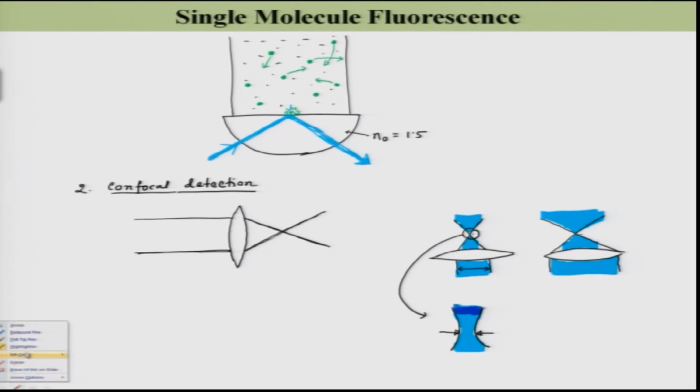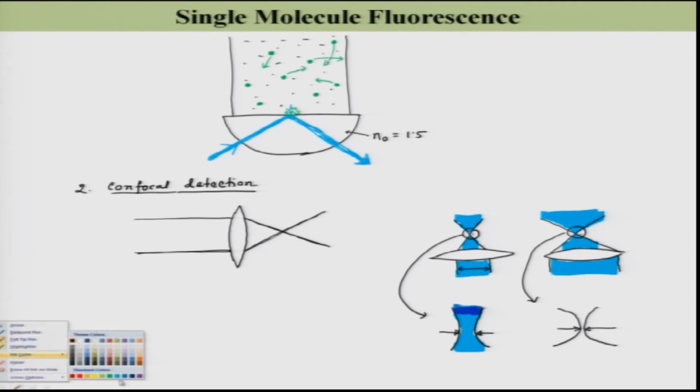Now, if I zoom out this part, what you are going to see is that it looks like this. Here you see the spot size at the focal plane is much smaller than this, but it is diverging too much.